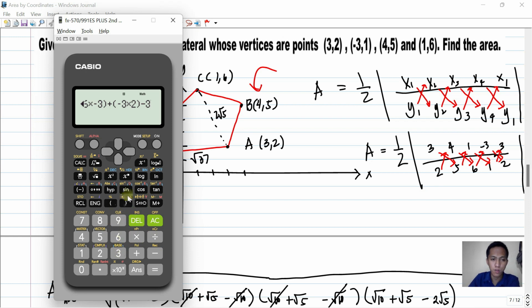Put in the grouping, then press equal. It gives you a value of 18 square units.